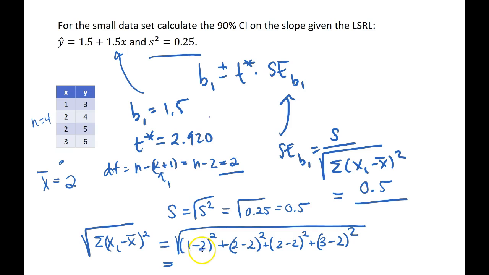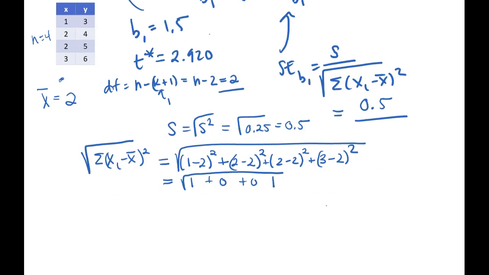So here, 1 minus 2 is negative 1, squared, which is just 1. Plus 2 minus 2 squared, which is 0. Plus 2 minus 2 again is 0, squared is 0 again, and 3 minus 2 is 1, squared is just 1. Taking the square root of this, we get the square root of 2, which is equal to 1.414.